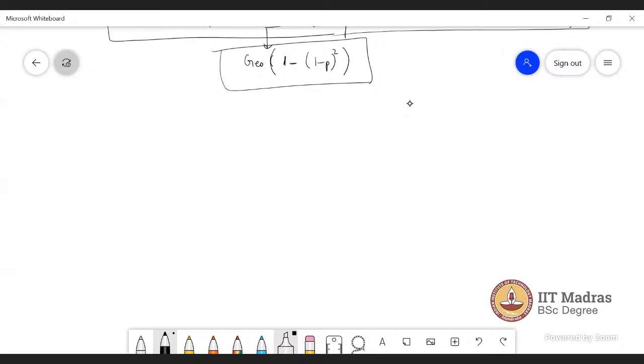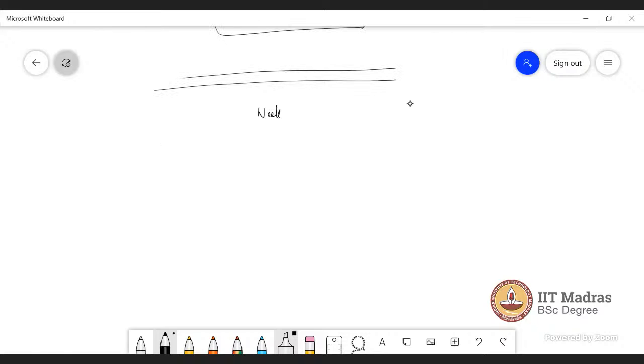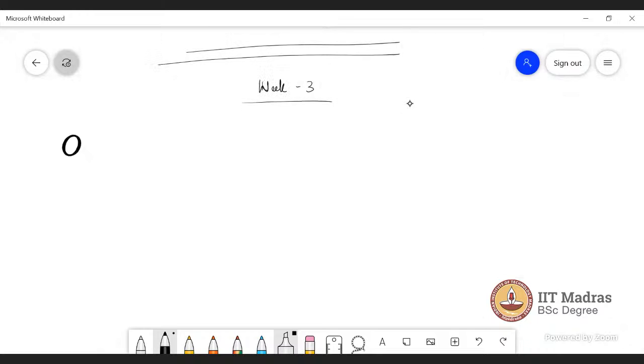From week 3, you just have to remember these formulae.